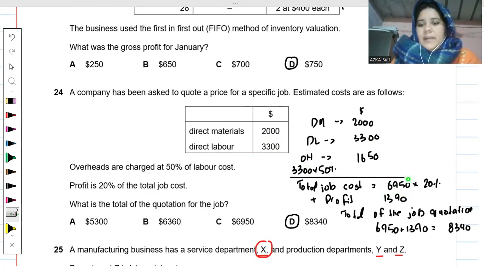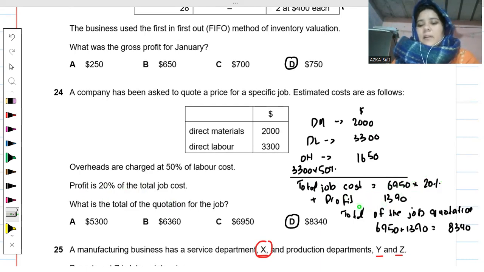When you add these three amounts, it gives you 6950. But we have to apply the profit percentage on it, because if we are doing specific jobs, we have to earn some profit on it. So we apply 20% on the job cost, which gives you 1390 as the profit figure.